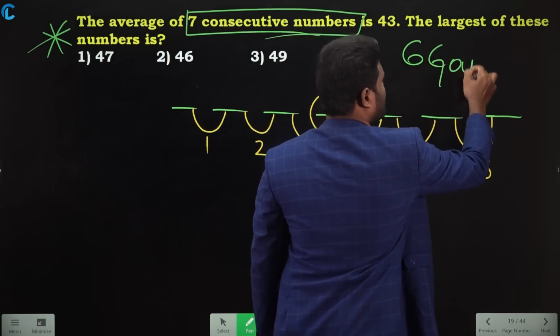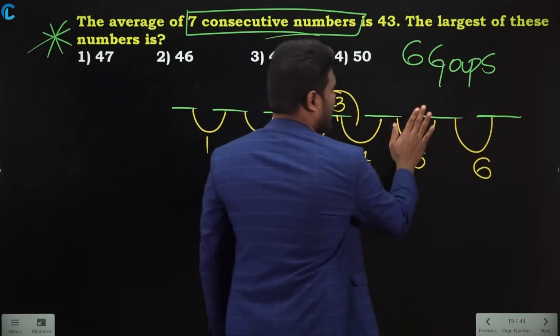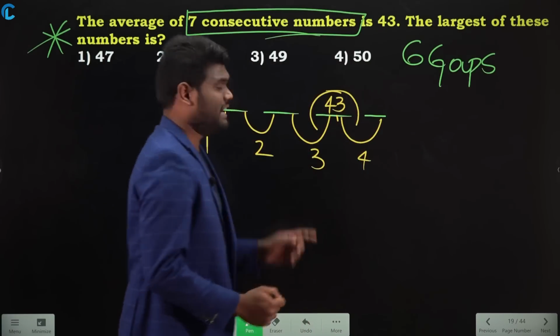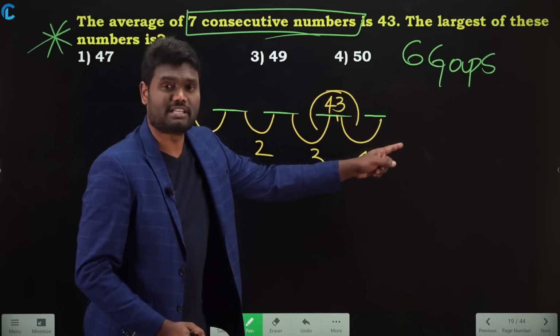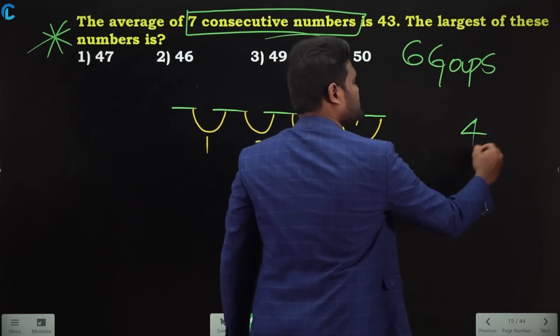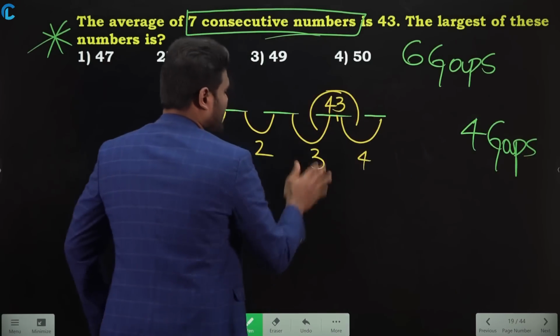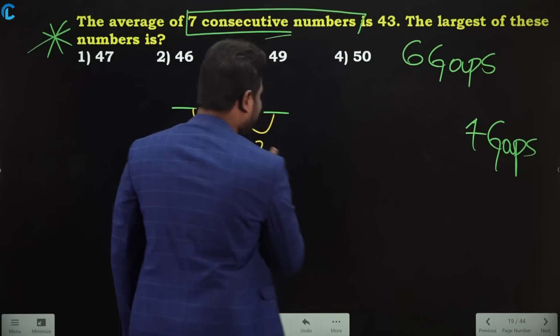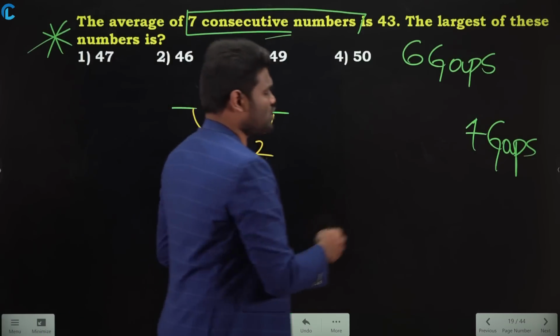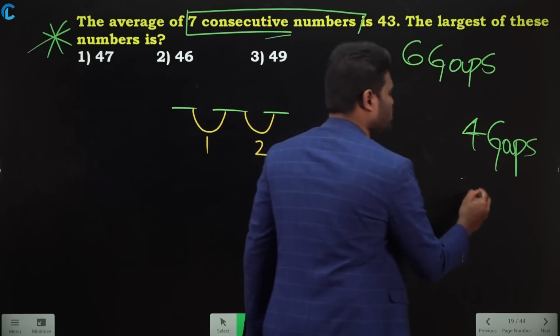Similarly, if there are only 5 numbers, the number of gaps is 4. Similarly, if there are only 3 numbers, the number of gaps will be only 2.